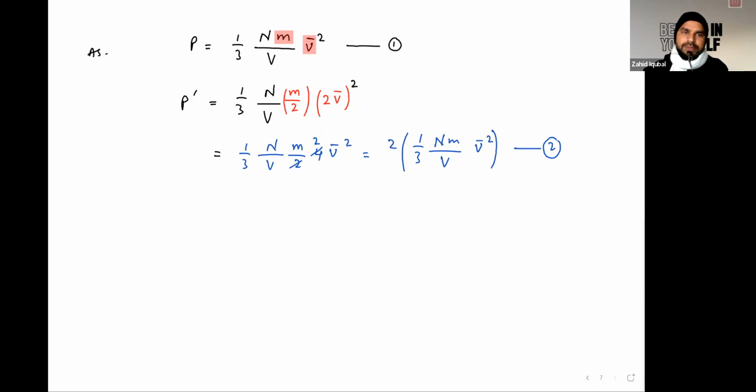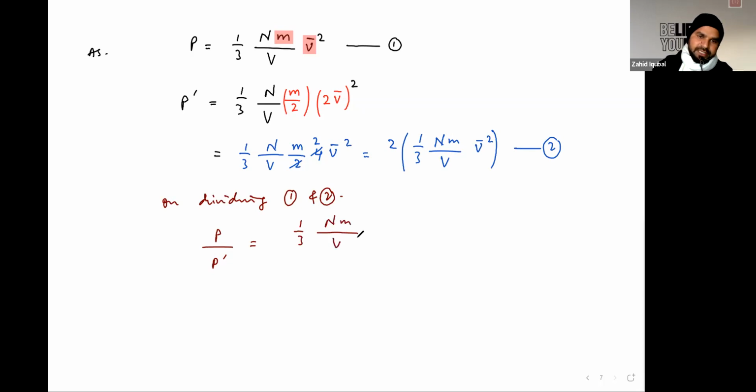Now just divide these two equations. So on dividing equation first and equation second, it will be P divided by P dash equals 1 by 3 nm divided by volume V bar square, whole divided by 2 times 1 by 3 nm by volume V bar square.